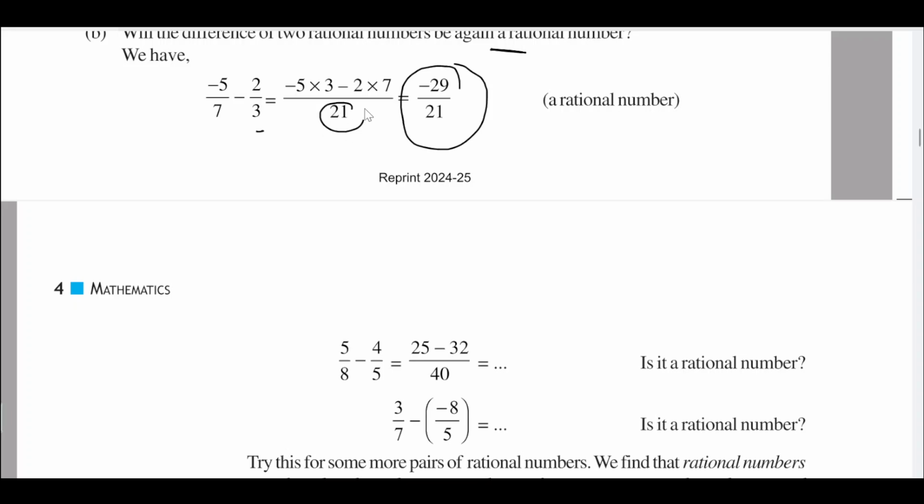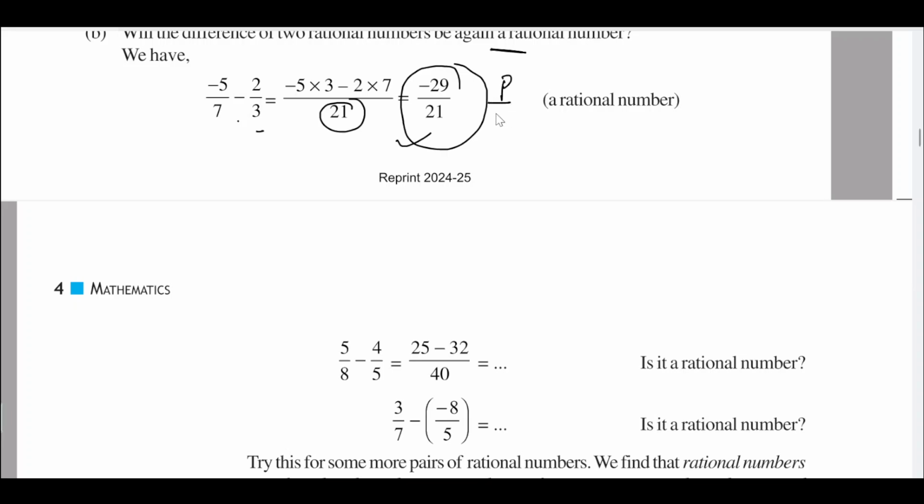The LCM of 7 and 3 is 21, so 5 into 3 minus 2 into 7 gives minus 29 by 21. It is also a rational number.